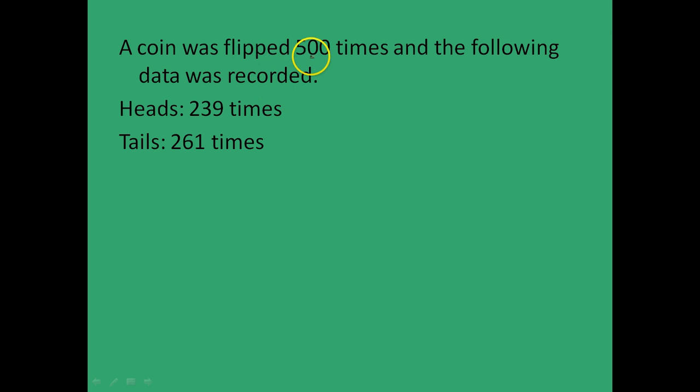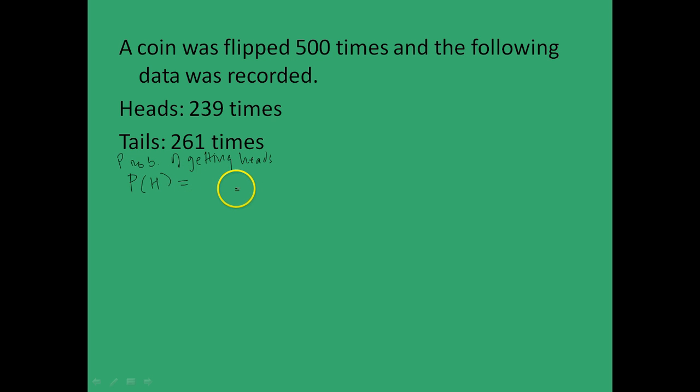So we start off with a very basic example. Say a coin was flipped 500 times and the following data was recorded. Heads was seen 239 times and tails was seen 261 times. So say we want to find out the probability of getting heads. We'll define probability of getting heads as P of H. Let's call the event H itself.